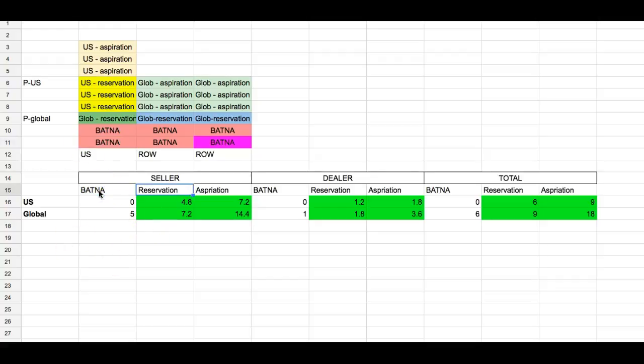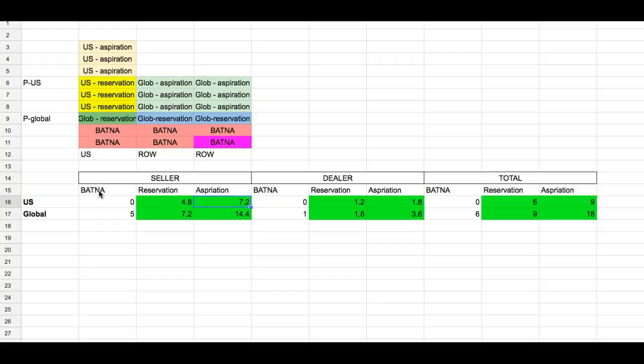So to put that in perspective, we have the BATNA column here for US. BATNA for US patent is 0 because he doesn't have a BATNA for the US patent. Reservation price will be for the US 4.2. That's 4.8. That is 4.8 and 1.2 is 6.